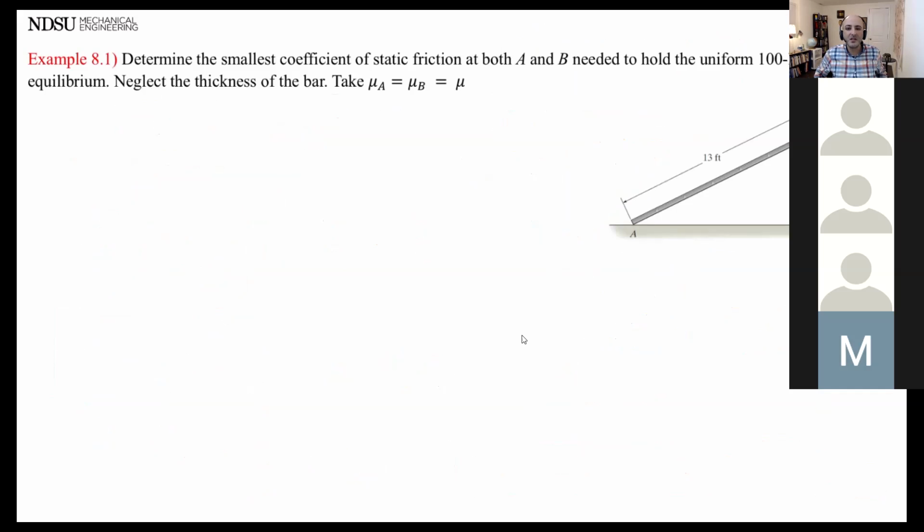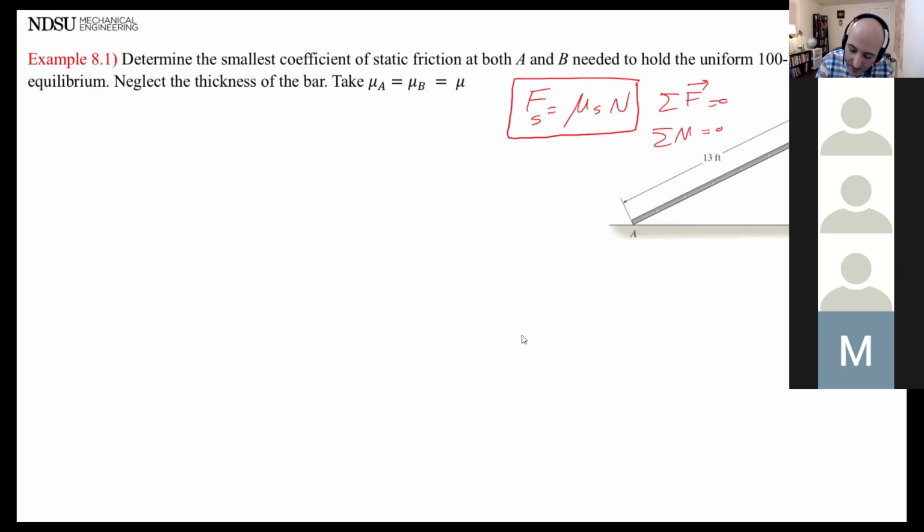The only difference is now you have an additional equation that helps you solve, in addition to your summation of forces and summation of moments equals 0. It's just an additional equation, but don't forget this is only valid at impending motion.